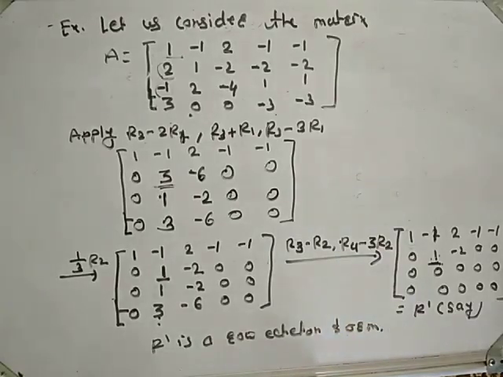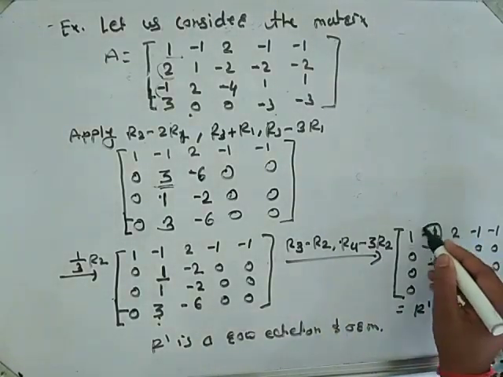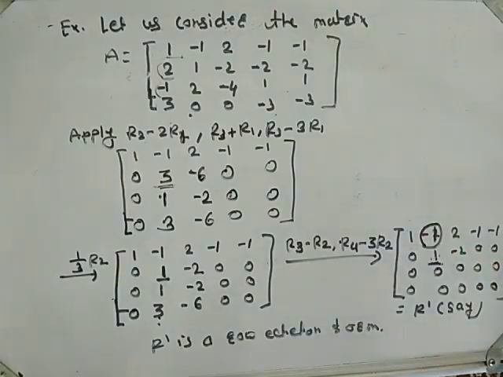Now we have to find out the reduced row echelon form. For the reduced row echelon form, here we require 0, because in reduced row echelon form, each column that contains a leading one has zeros everywhere else.